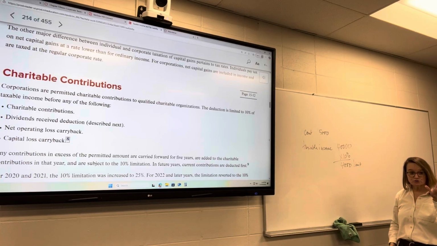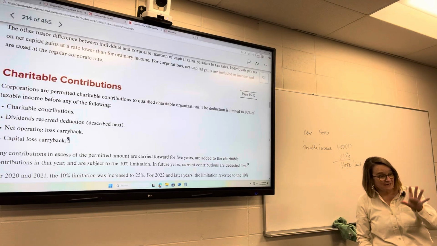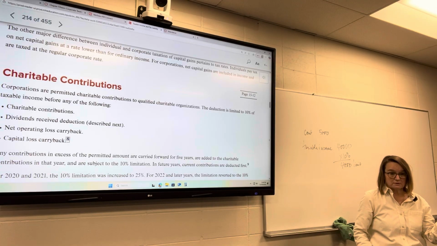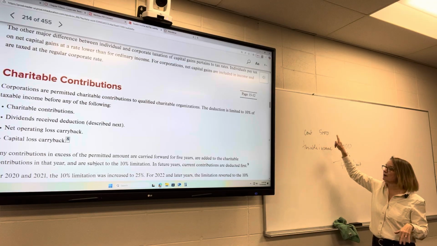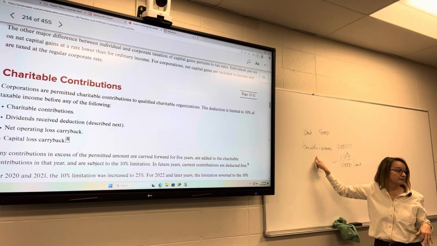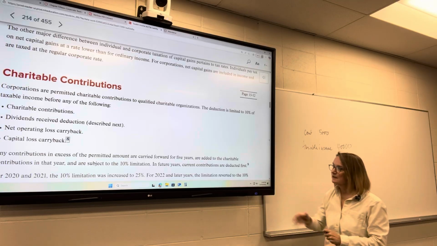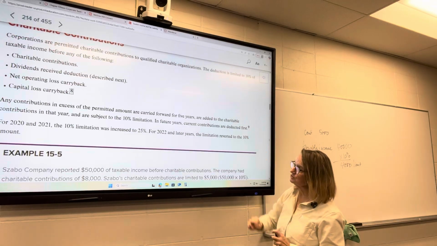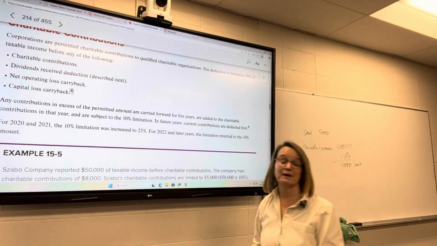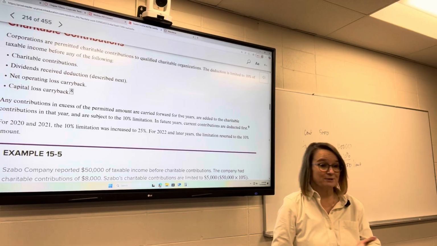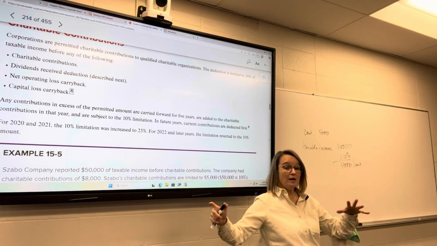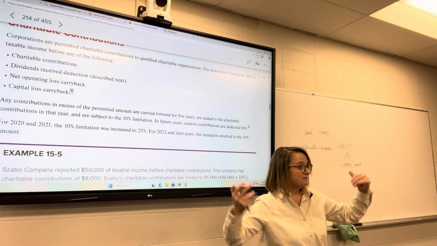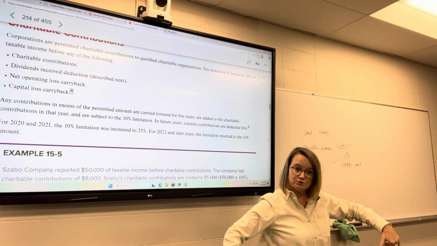Okay, so make sure you're multiplying the 10% by the correct amount. You don't multiply it by the contribution amount, multiply it by the taxable income because that's the limit. By the way, this creates another book tax difference because on our books, we would have expensed that entire charitable contribution.